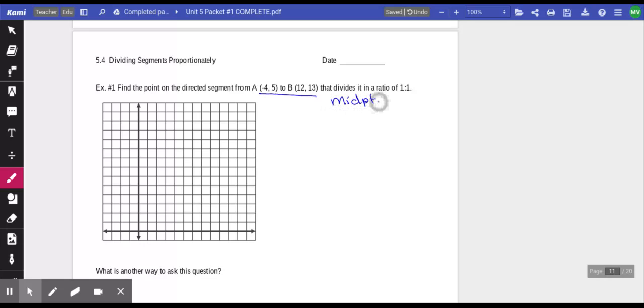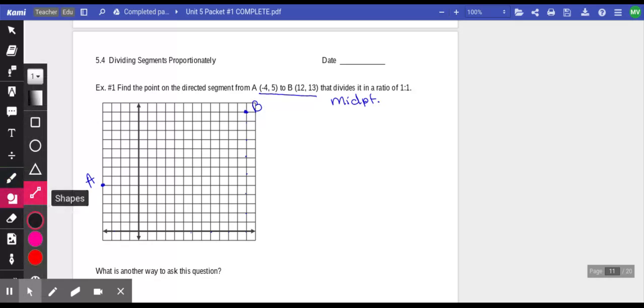But there's two ways to think about it. So if we plot -4, 5, A, and we plot the point 12, 13, B, we want to find the midpoint.